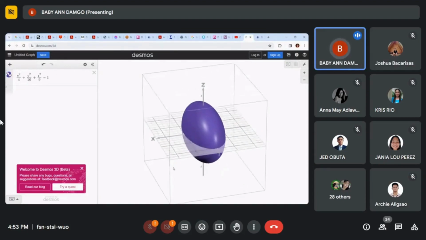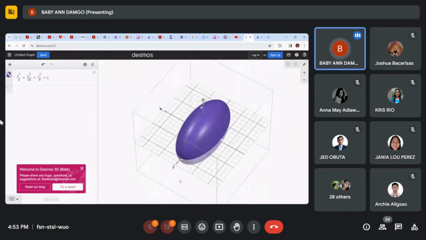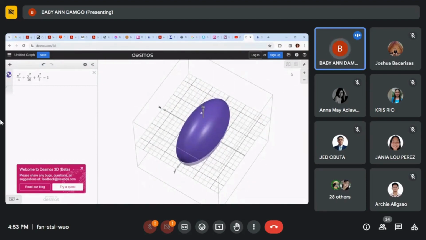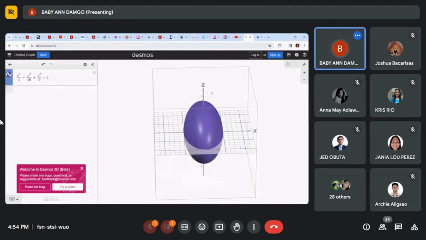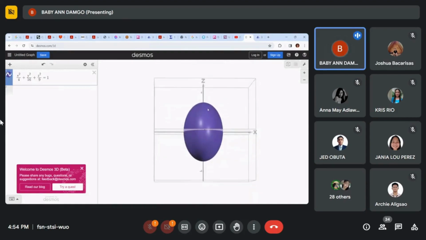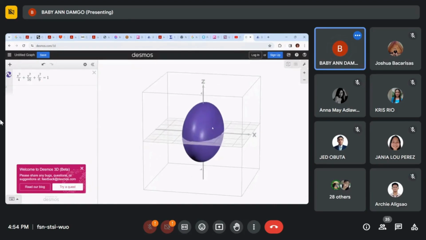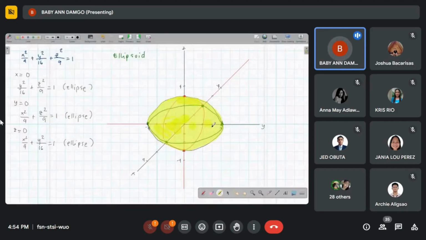Okay, so this is the actual graph of an ellipsoid. In the xy plane, we have 2 for x, and y is 4, so this is our b. And then for z, this is 3. It looks more like an egg. Okay, so we have this graph.